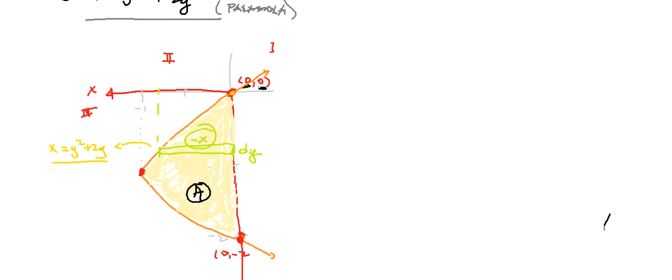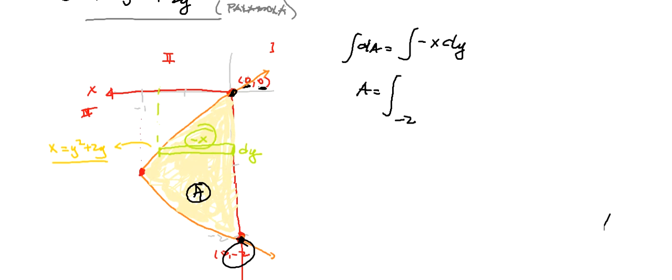So using our formula, we have dA is equal to the integral of negative x dy. Then we have A is equal to, from our lower limit, since this is y, negative 2 up to 0, negative 2 to 0, of negative, and the value of our x is y squared plus 2y dy.